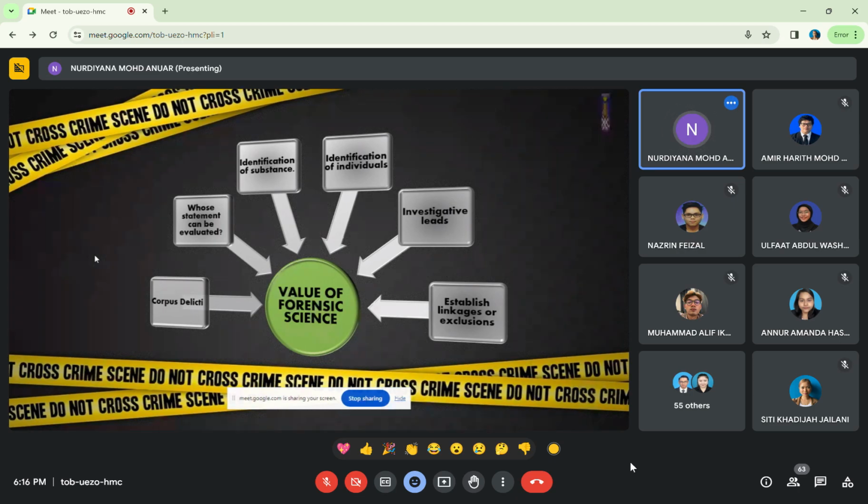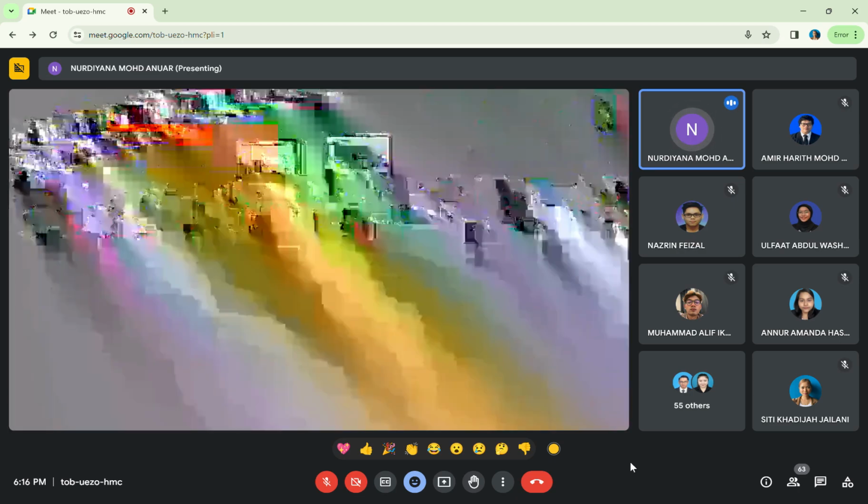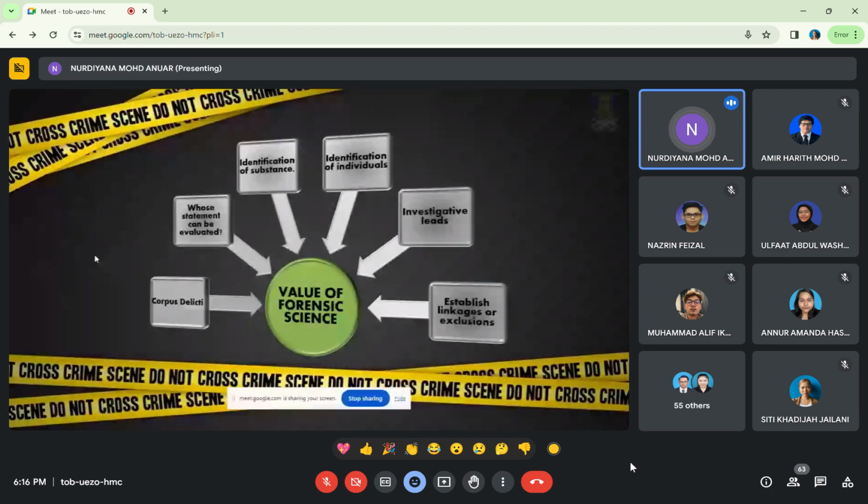So sebab tu dia tutup mulut, dia bagi statement yang salah. Ataupun boleh juga mangsa tu sendiri adalah suspek. Maksudnya dia cuba untuk tukar cerita. Contoh tiba-tiba dia kata dia hampir nak kena rogol dengan seorang individu ni, sedangkan dia yang pretend, dia koyakkan baju dia sendiri for example, supaya individu tersebut ditahan. Mungkin sebab dia berdendam dengan orang tu.